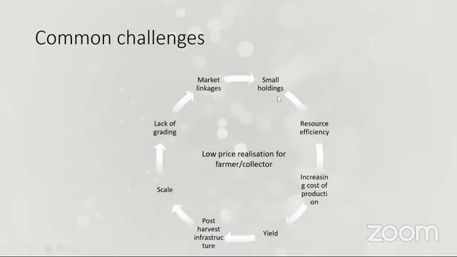Now, because of the small holding, low yield, and inadequate techniques, in many cases, scale is the major issue. If a farmer has a small land holding of 2 hectares, 3 hectares, or 1.5 hectares, they will be producing in tons, and mostly if you're talking about pulses, a few quintals.